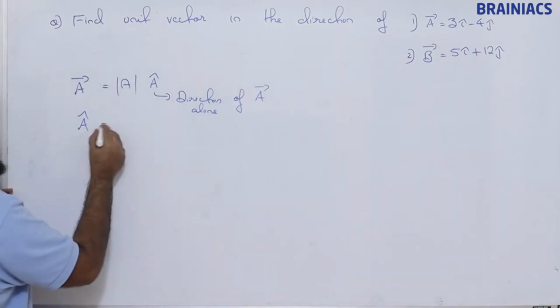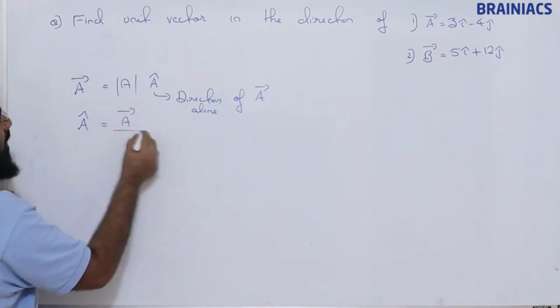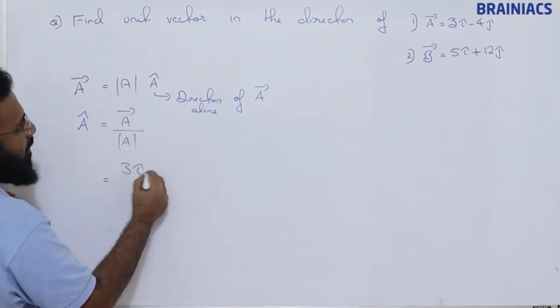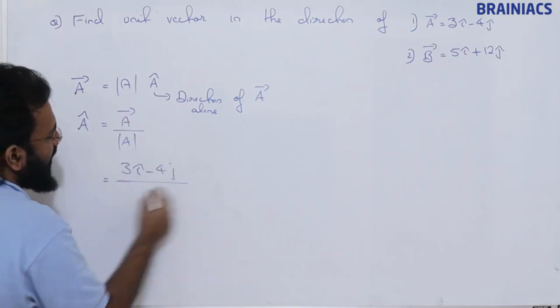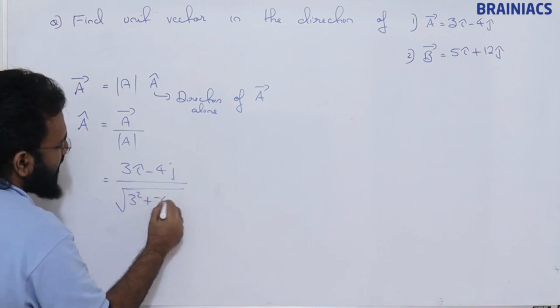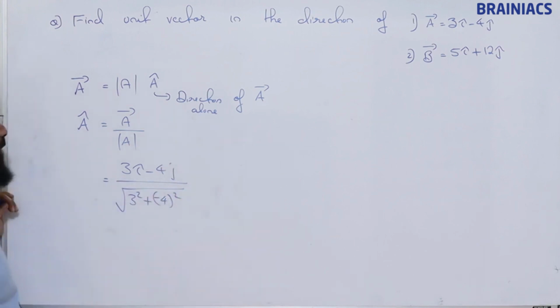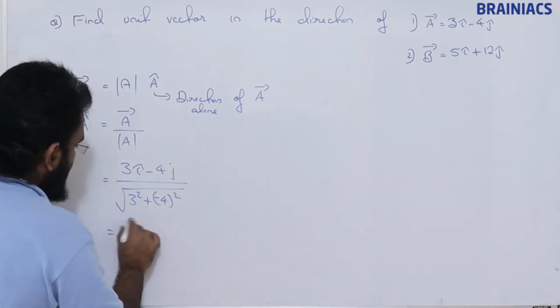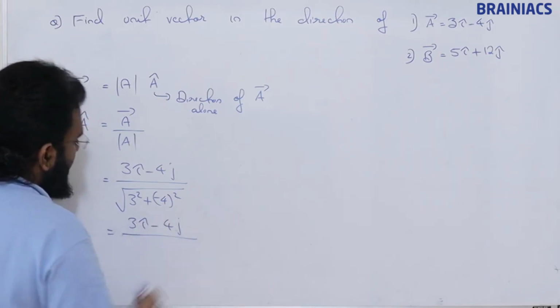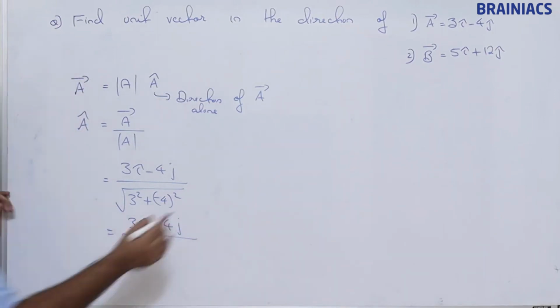So unit vector is nothing but vector divided by its magnitude. So 3i minus 4j divided by root of 3 square plus minus 4 the whole square. So 3i minus 4j divided by, this is going to be 5.